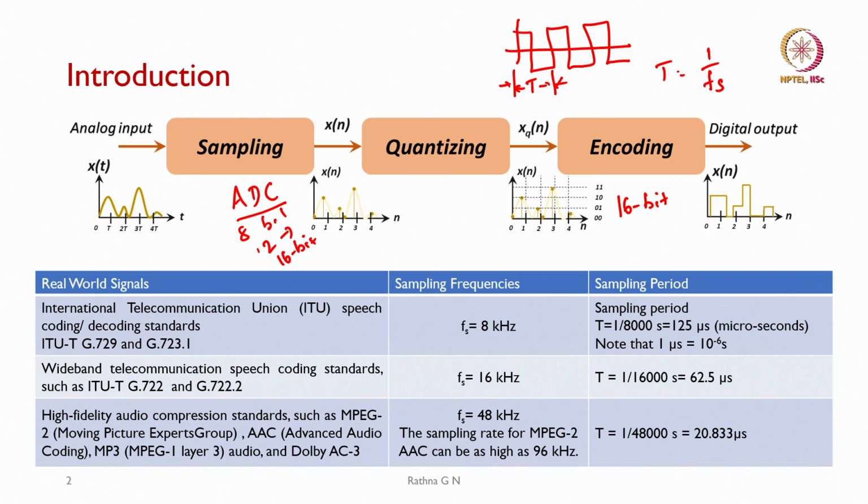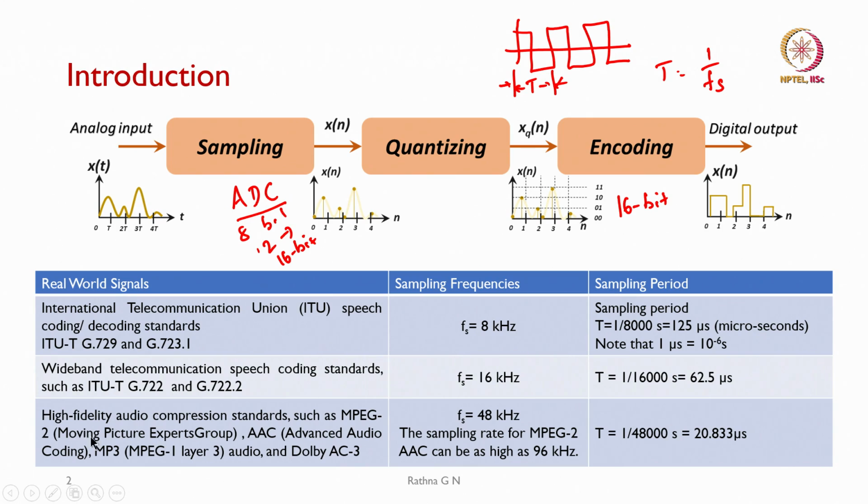We must complete both decoding and encoding within this time period, T equal to 125 microseconds. In the case of wideband telecommunication speech coding, which uses G.722 or G.722.2, the sampling frequency fs is 16 kilohertz, and we must finish our computation in 62.5 microseconds.